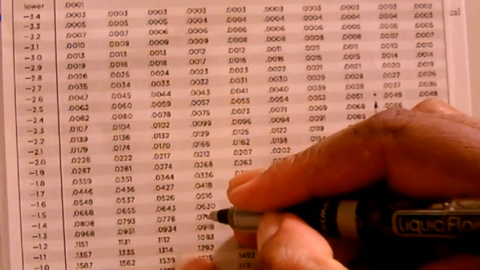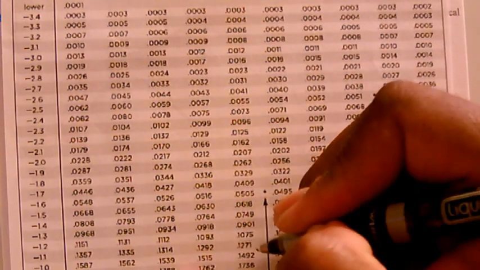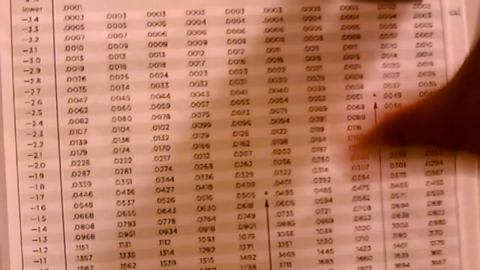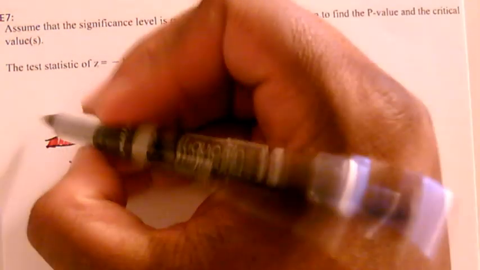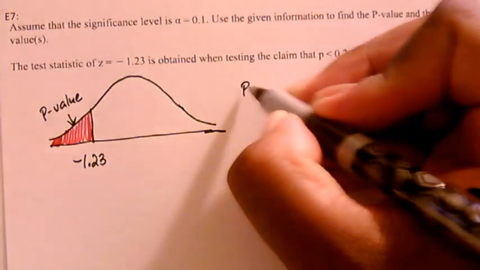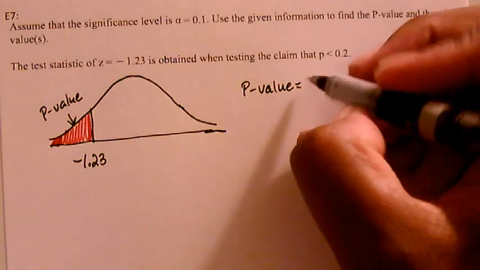So negative 1.2 and down to 0.03, that will be 0.1093. And it is the area to the left that we're trying to find. That's this area right here to the left. So that p-value is simply 0.1093.